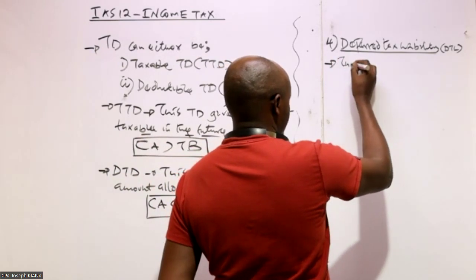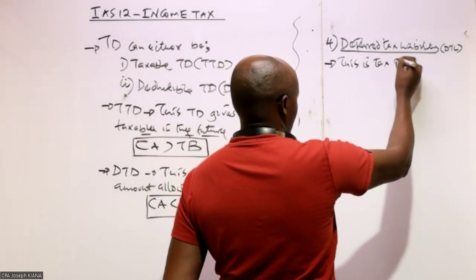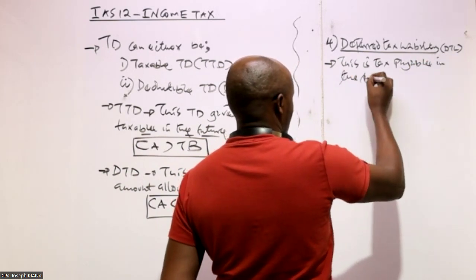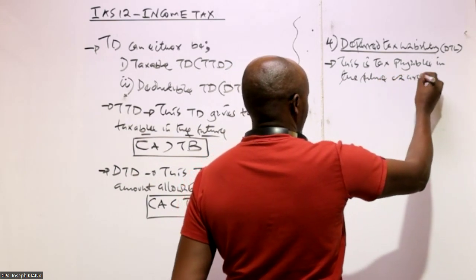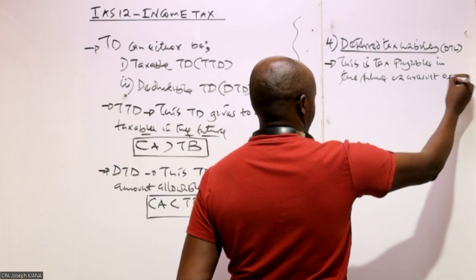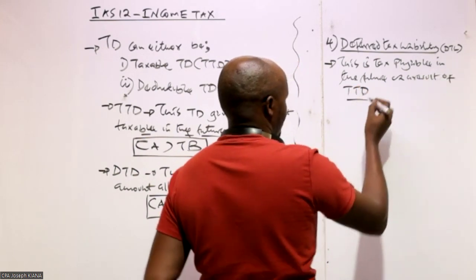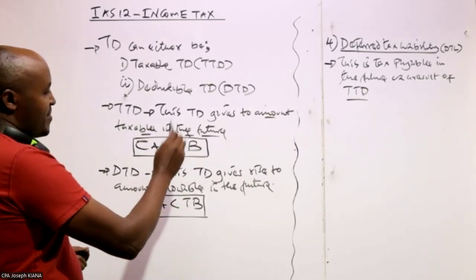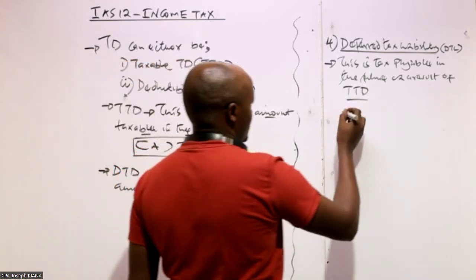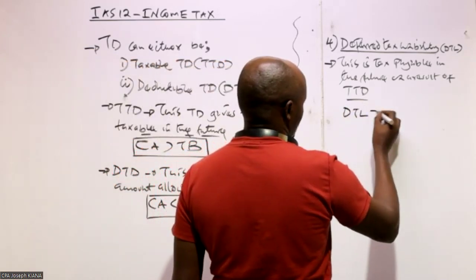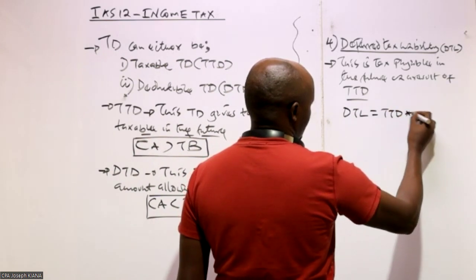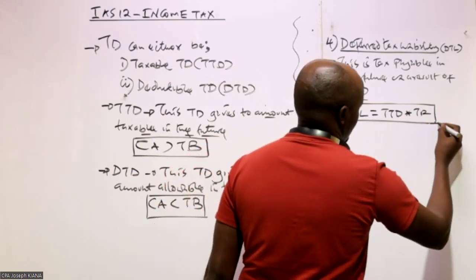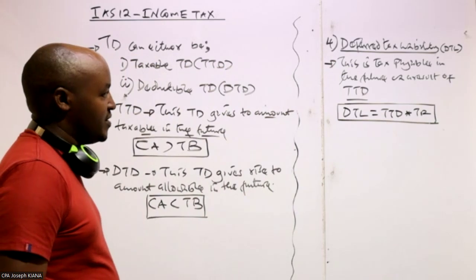So this is tax payable in the future as a result of taxable temporary difference. Remember, we have said a taxable temporary difference gives rise to amounts which will be taxed in the future. And therefore, to compute the deferred tax liability, we take the taxable temporary difference and multiply that with the tax rate. That's how we compute the deferred tax liability.